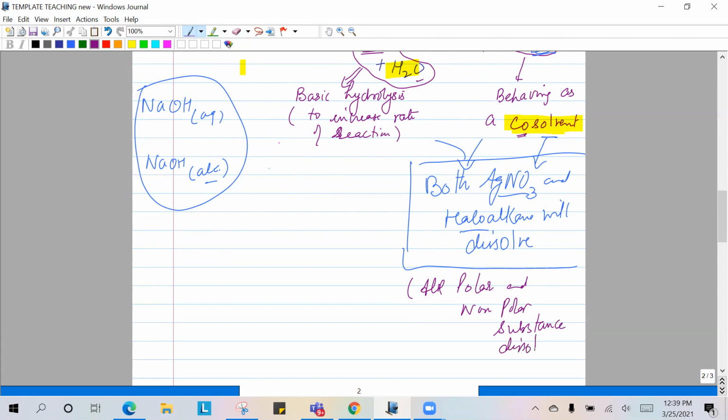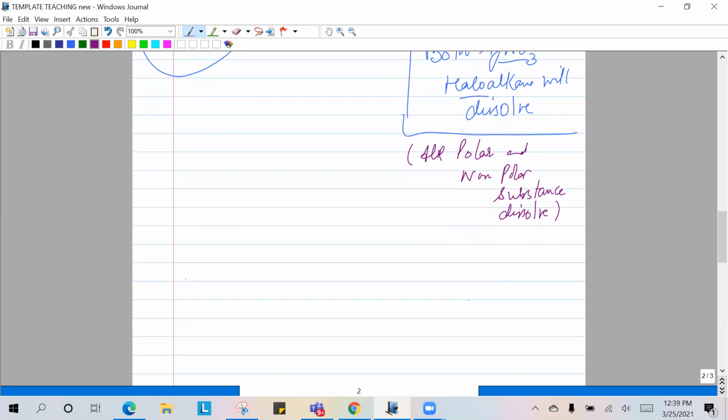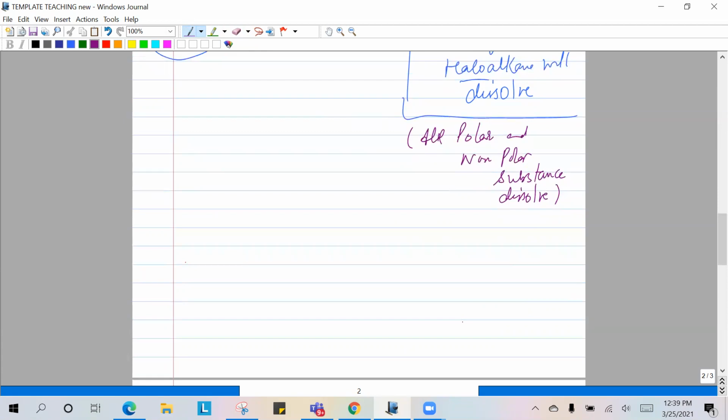That is the basic aim of using ethanol over here, because haloalkanes are not very highly soluble in water. So when you are using ethanol, it is providing an organic solvent for the haloalkane to dissolve. Now, why do you need the haloalkane to dissolve? Because when it dissolves, it will separate out into its ion. The halide ion will be free, and then the halide ion can be tested.